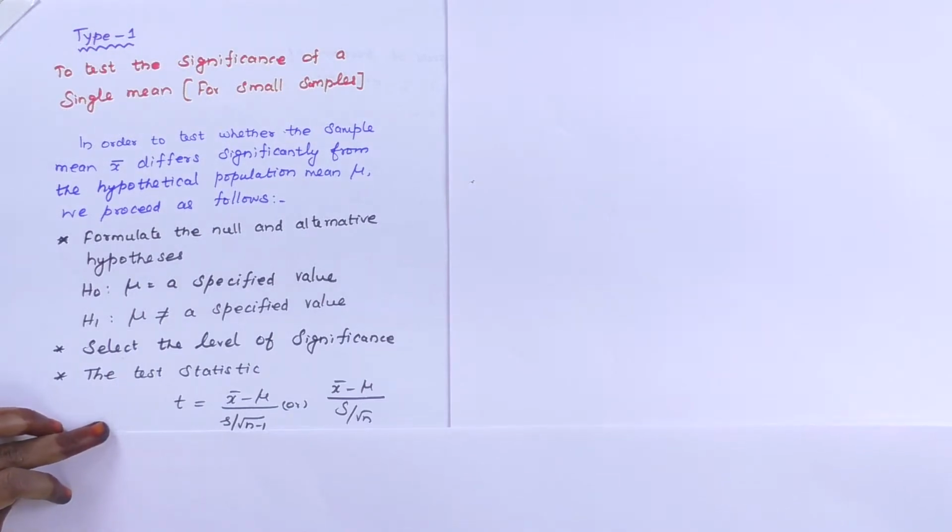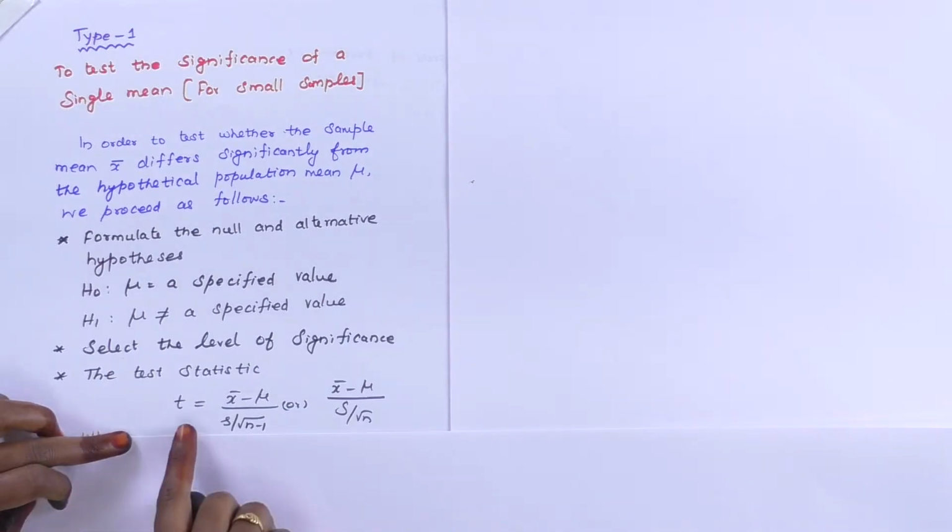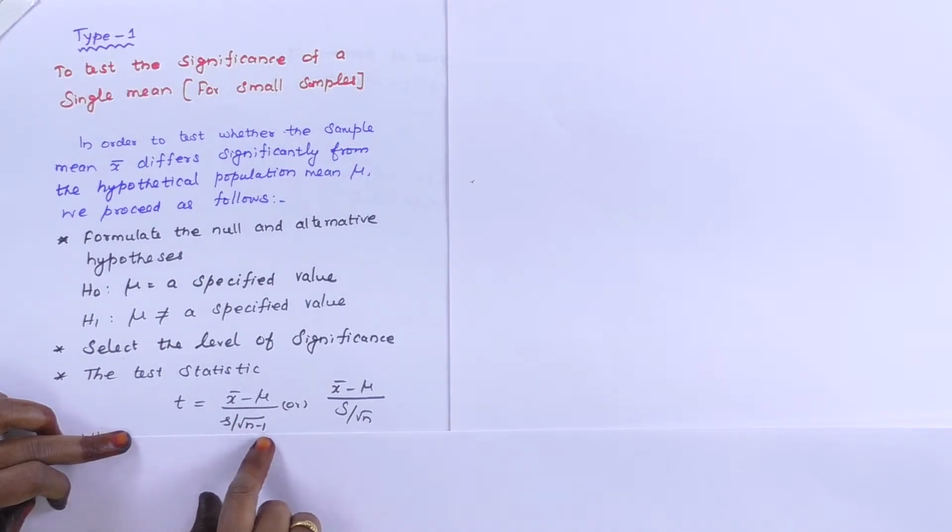Here the test statistic formula is t is equal to x bar minus mu divided by small s divided by square root of n minus 1. If small s, the sample standard deviation, is known, we can use this formula.